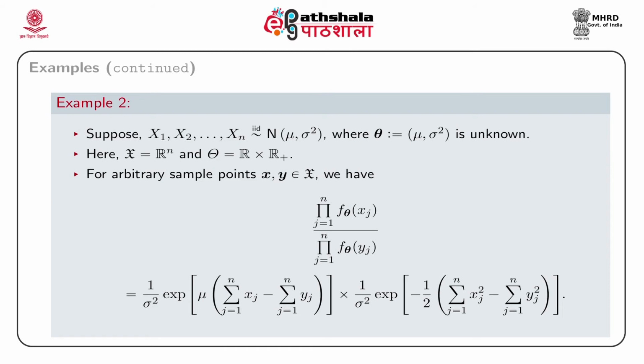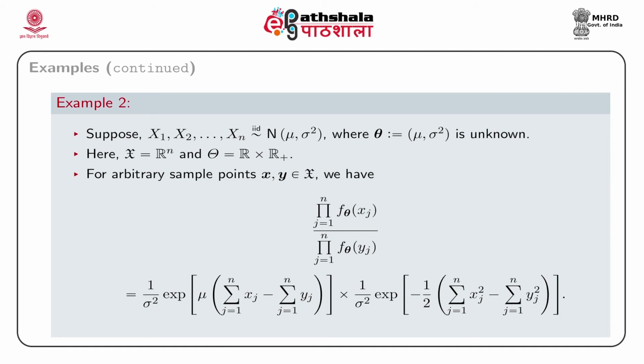This equals product over i from 1 to n 1 by sigma root 2 pi into e to the power minus 1 by 2 sigma square summation over i from 1 to n (x_i minus mu) whole square, divided by product over i from 1 to n 1 by sigma root 2 pi into e to the power minus 1 by 2 sigma square summation over i from 1 to n (y_i minus mu) whole square.